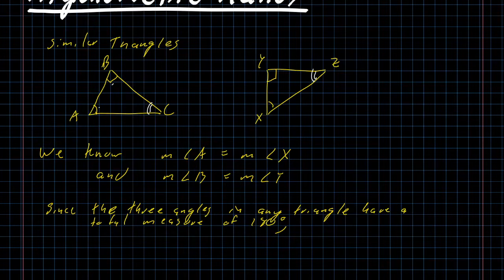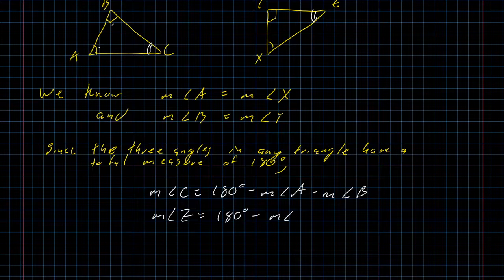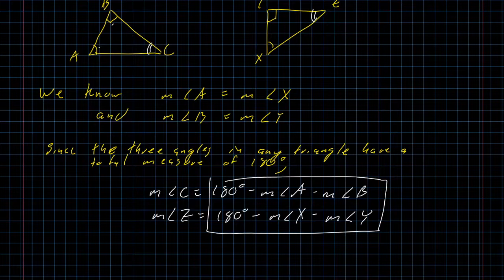It's 180 minus the measure of angle X minus the measure of angle Y. And since A and X are the same, and B and Y are the same, then this whole right-hand side is the same, right?